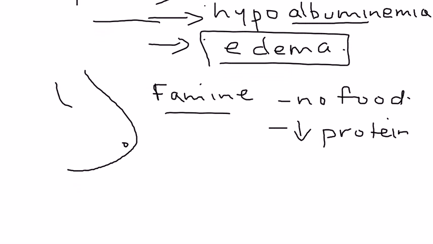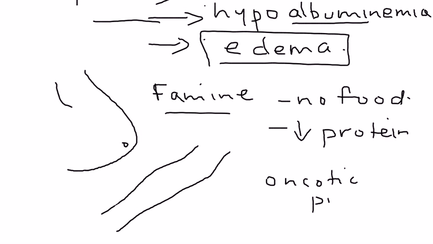Now, the reason they develop edema is because you have, let's say, a blood vessel. Inside the blood vessel, you have protein, normally. In a state of hypoalbuminemia, the protein is absent. It may not be completely absent, but it's much lower. So as a result, the oncotic pressure inside the blood vessel is decreased.